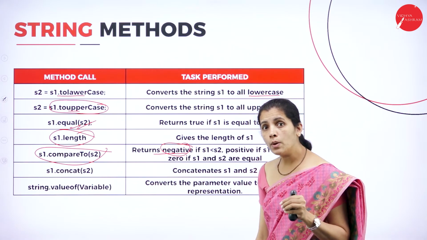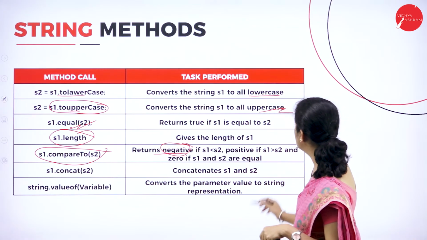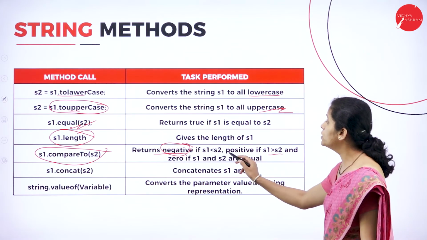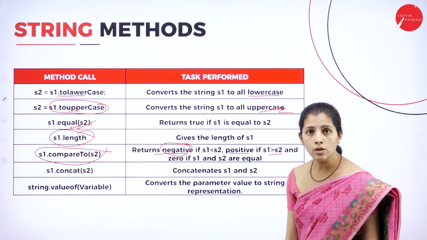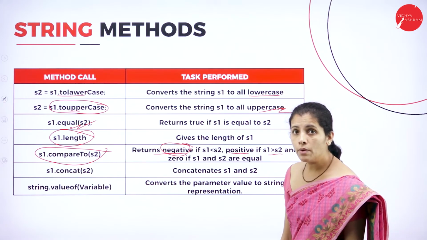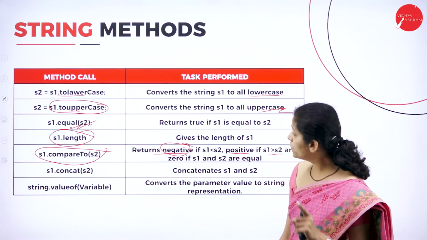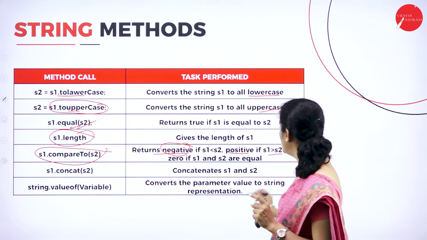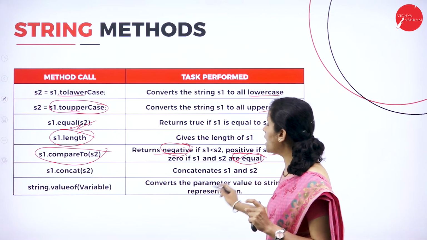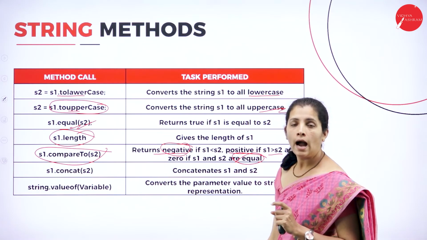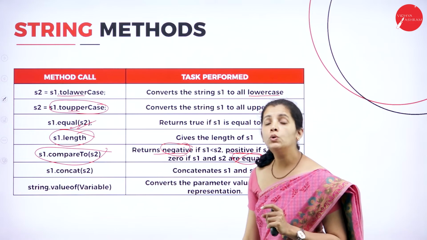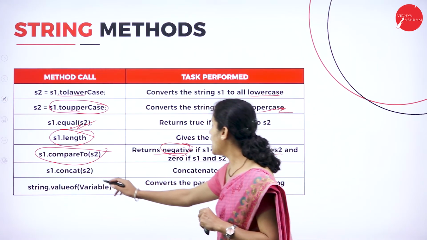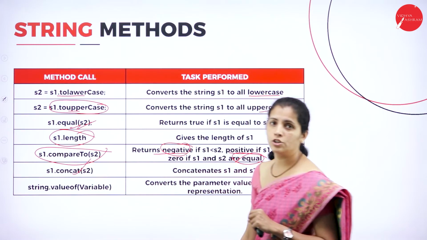And if the ASCII value of string 1 is greater than the ASCII value of string 2, then it's going to return a positive value. And if the ASCII value of string 1 is equal to the ASCII value of string 2, then it's going to return the value 0.